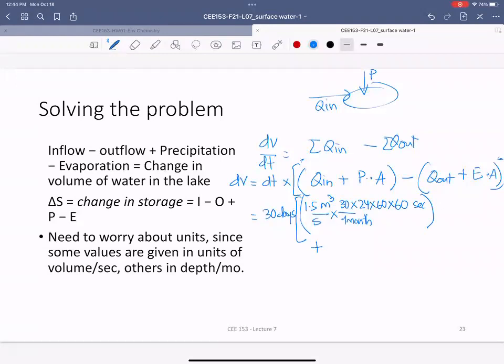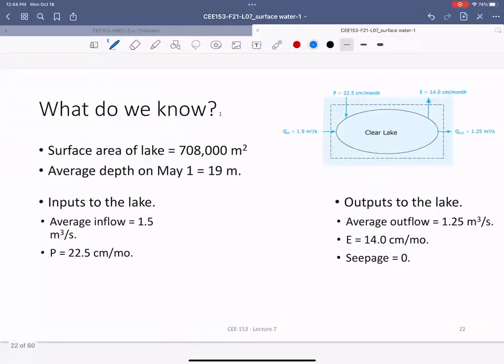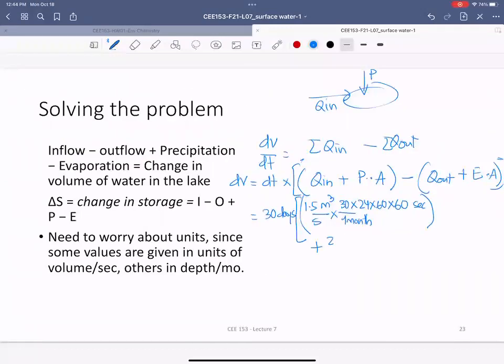Precipitations, how much is given? 22.5 centimeter per month. So this is, hold on. So this is actually in days. So I don't have to write it as a day.